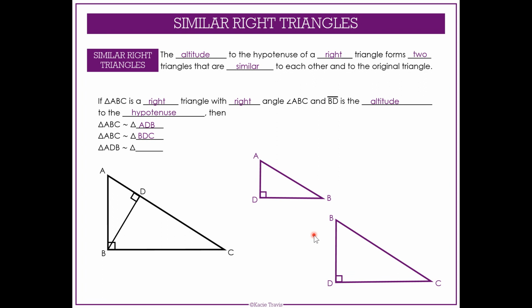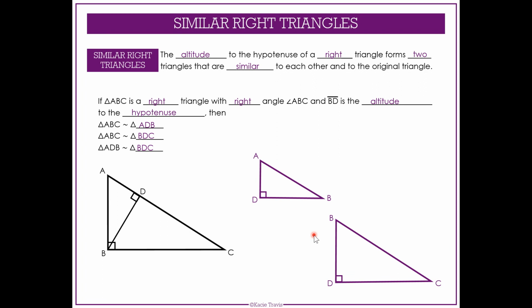They both have D in common, and they both have a hypotenuse, the side that's opposite that right angle. So we can say that ADB is similar to BDC. When we go through and deal with this, we are going to be using these to find any missing sides and or prove their similarity.